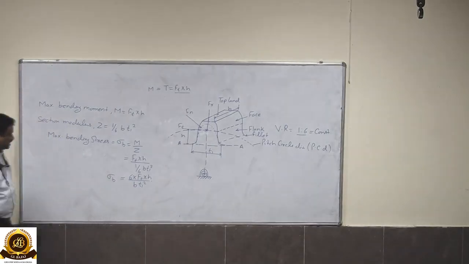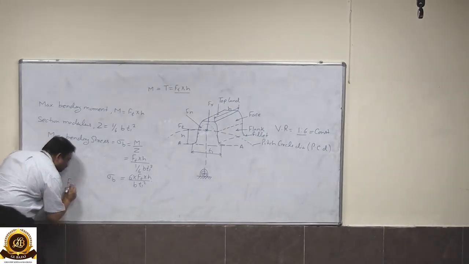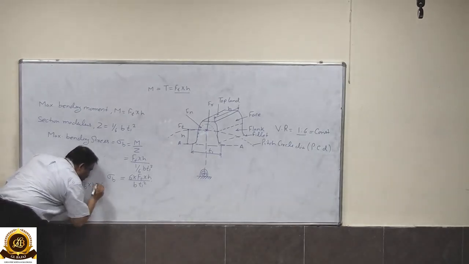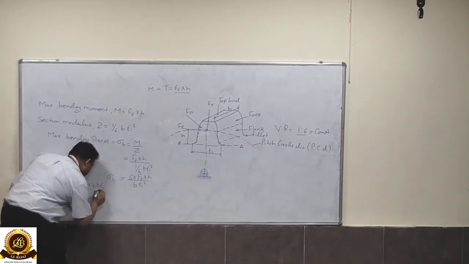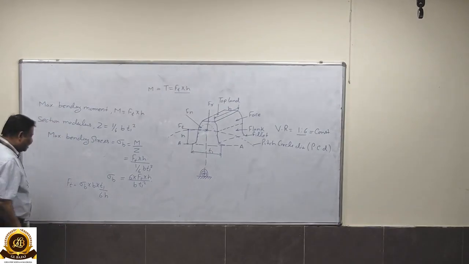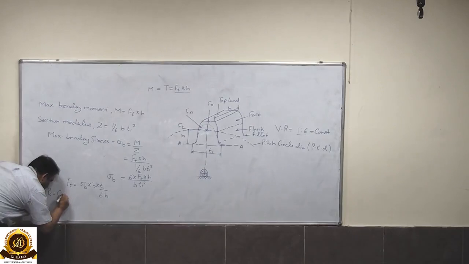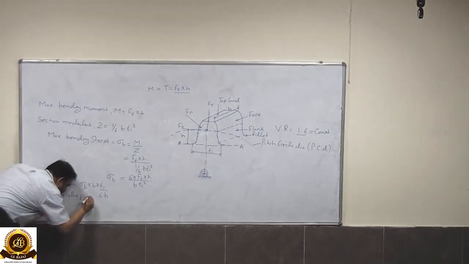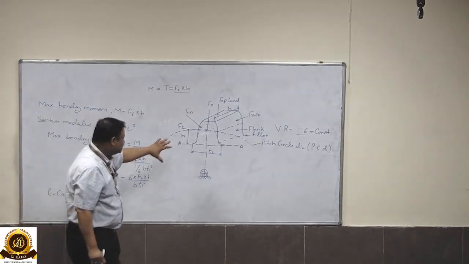Now we can rearrange this equation to find the force Ft. Ft equals sigma B into B into T1 square divided by 6 into h. Now suppose PC is the circular pitch, another terminology which is used in gears.